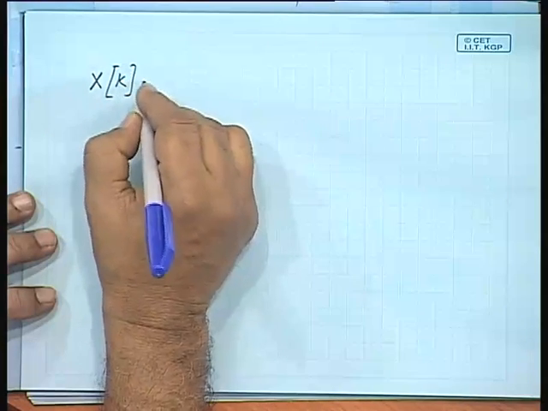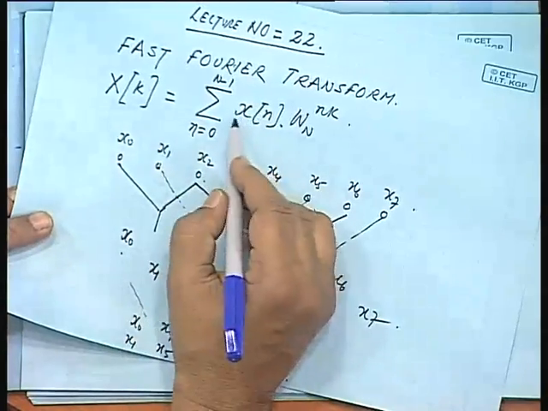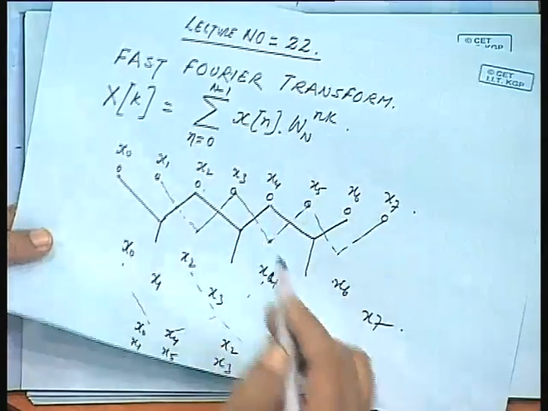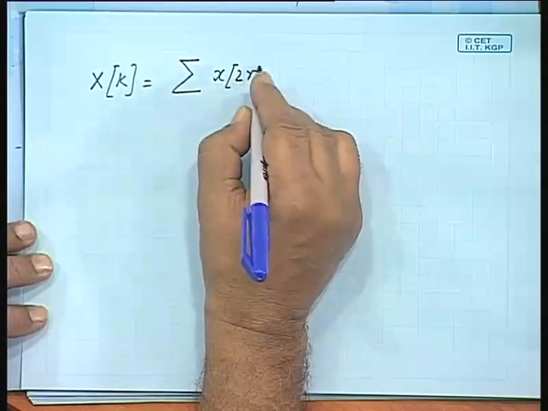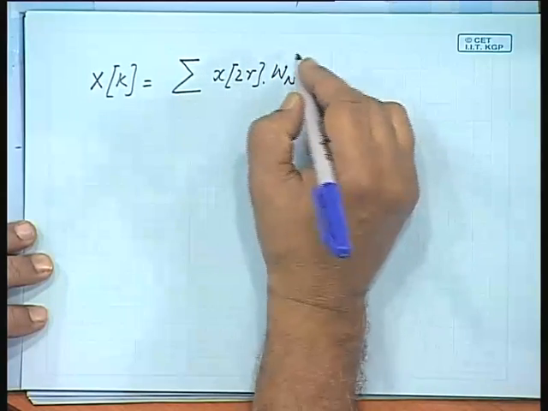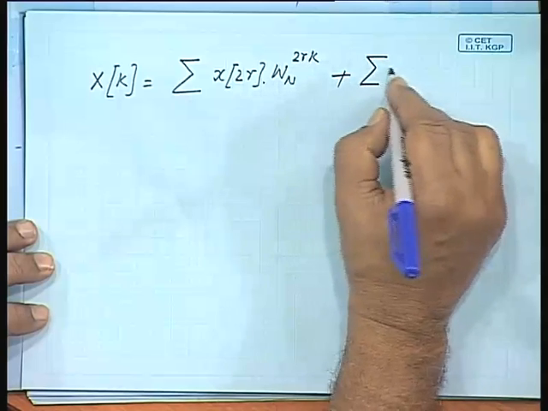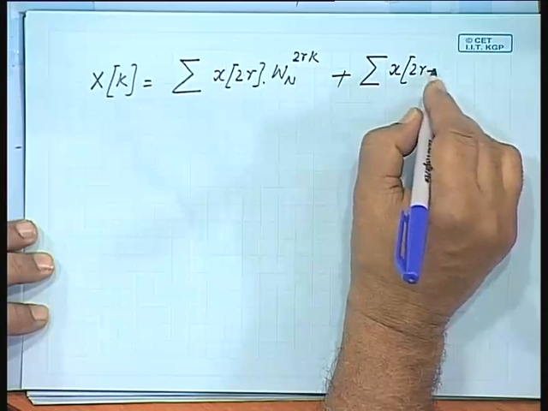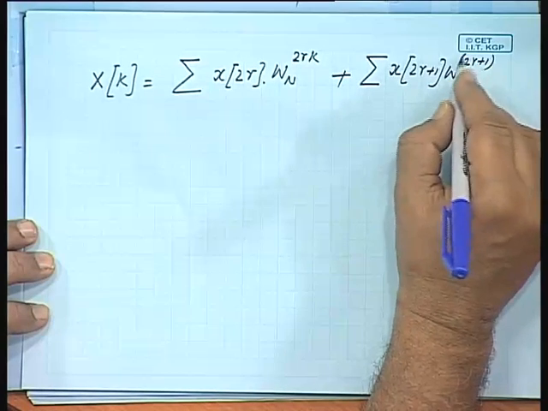Now, let us see how this kind of breaking down helps. Once again, I write X(k) as, if I now break it up into even and odd terms, x(2r) W_N^{2rk} plus x(2r+1), the odd terms, W_N^{(2r+1)k}.